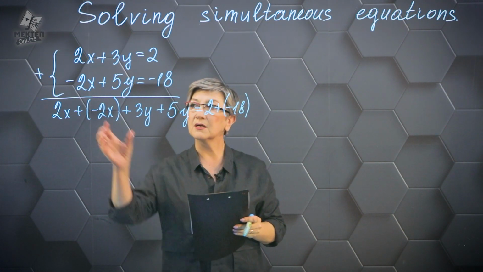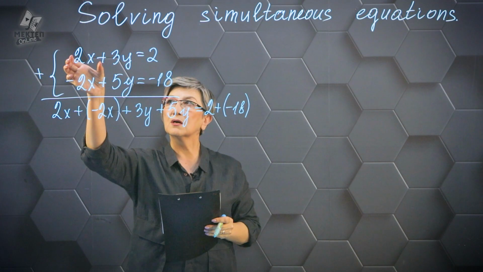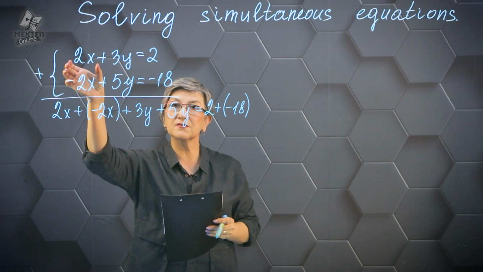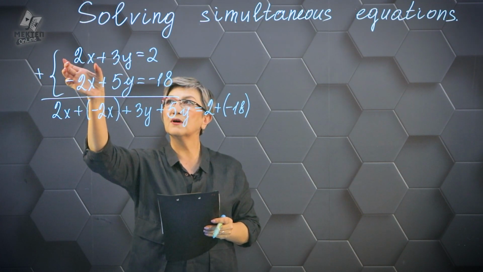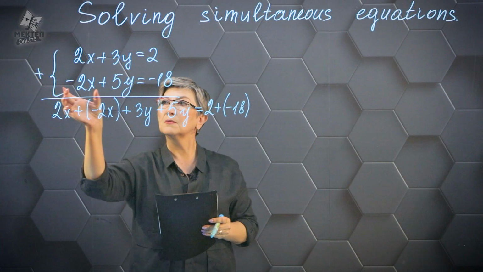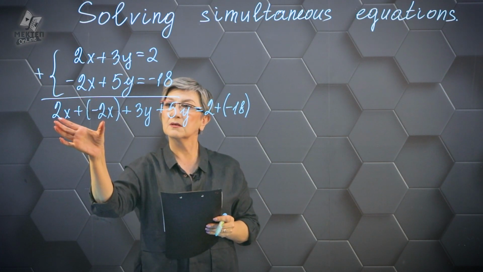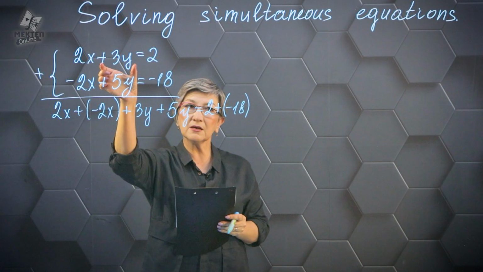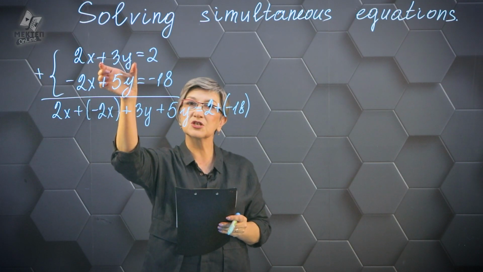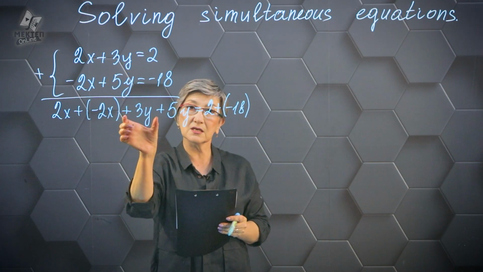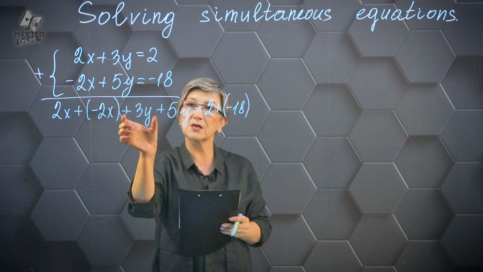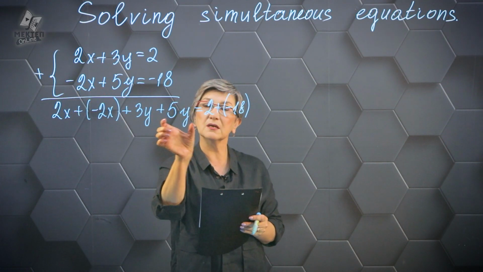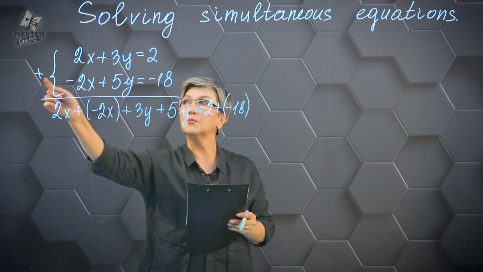Now you'll notice that I'm writing down each summand with a different sign. Again, 2x plus minus 2x. Next, I move on to the y variable. The y variable in the first equation is positive, plus 3y, so I write it like this. Plus 3y plus 5y equals 2 plus minus 18.